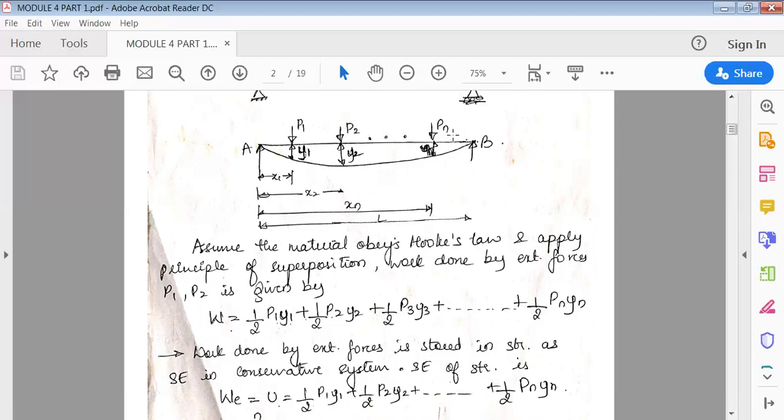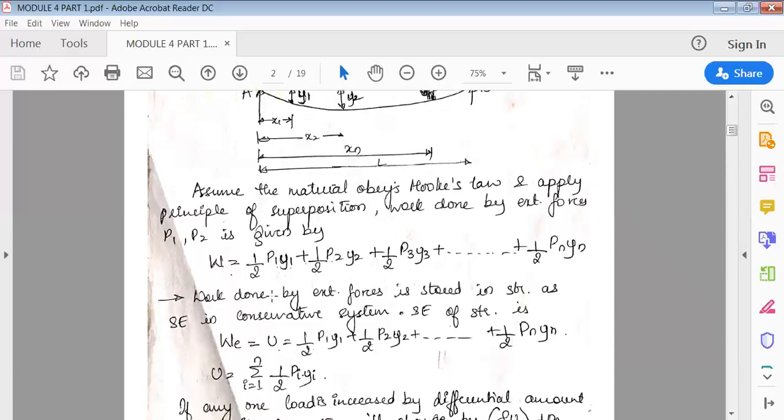Now if you want to write the work done equation, the external force work done is given by half of P1 Y1, this external load and deflection, plus half of P2 Y2, plus half of P3 Y3 and so on, half of Pn Yn.